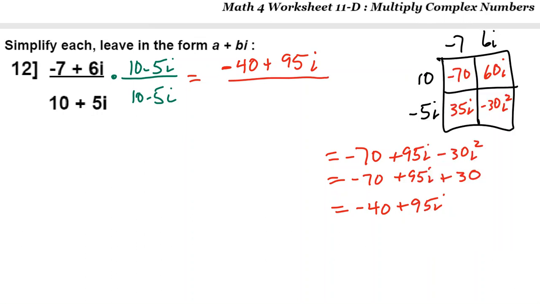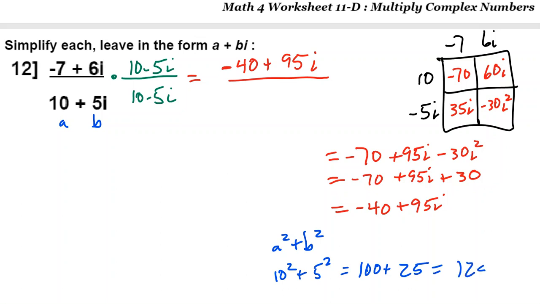And then underneath, we're doing a and b. We're saying a squared plus b squared, which is 10 squared plus 5 squared. Now, when we look at those three numbers and we say, is there a common factor here?